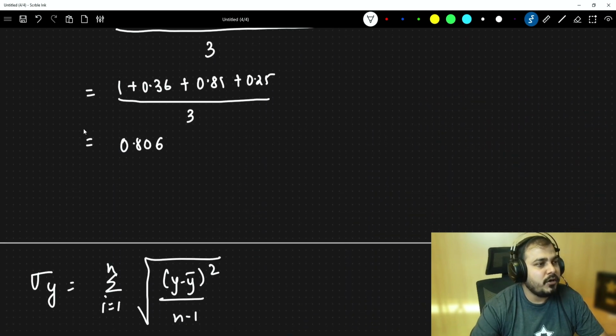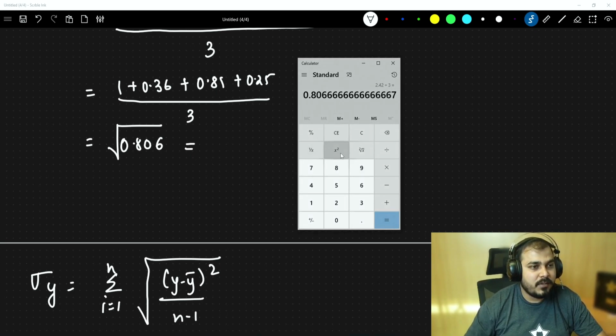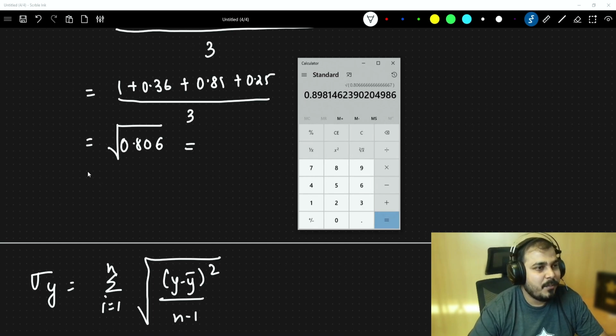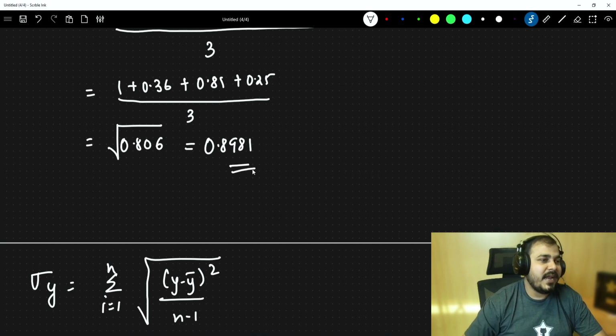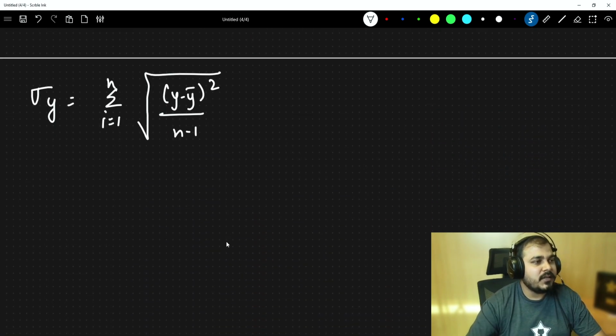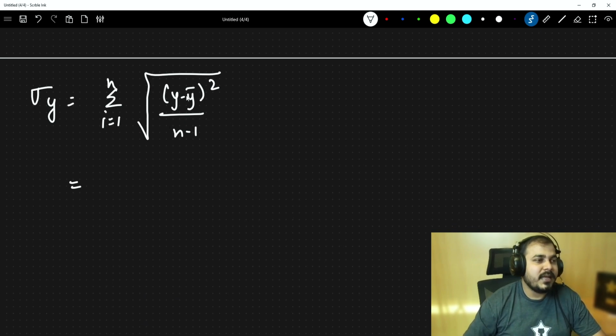So in order to find the root of 0.806, I'm going to use the calculator. 0.806 root is nothing but 0.8981. First we'll calculate the internal one and then we'll do the square root.